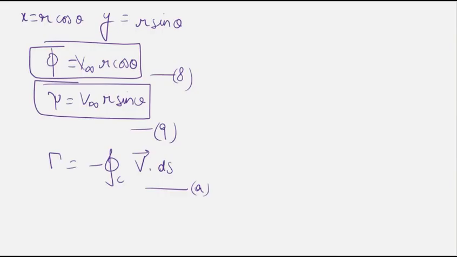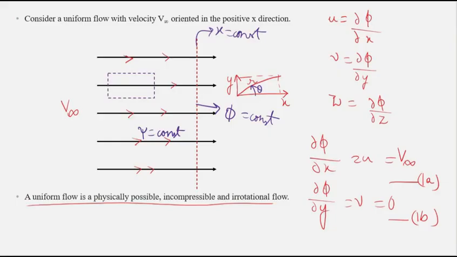Now what we are going to do is consider this enclosed curve, this dashed curve, as you are able to see in the figure, in the uniform flow. So H and L are the lengths of the vertical and horizontal sides respectively of this rectangle.